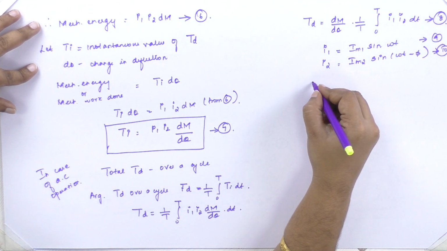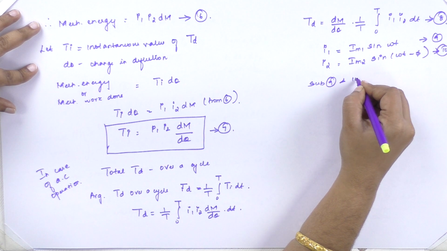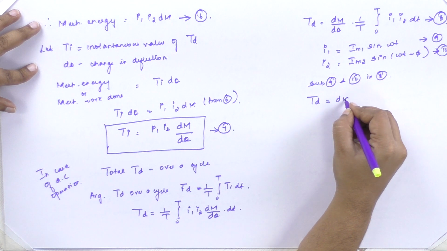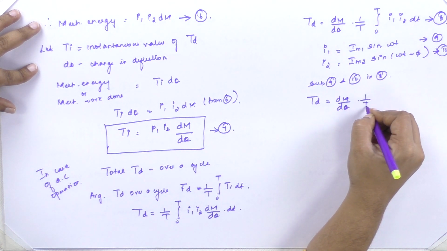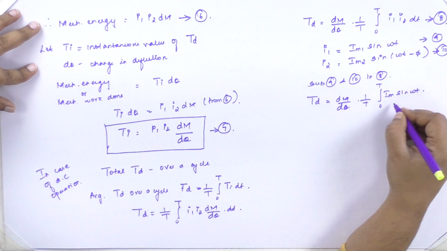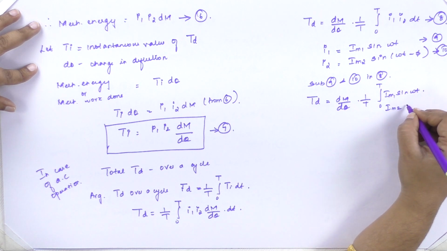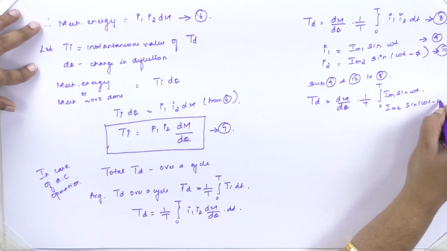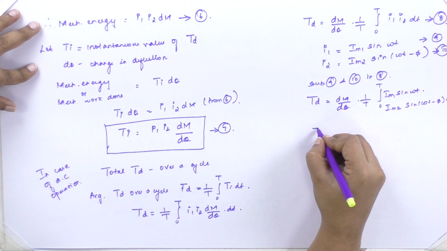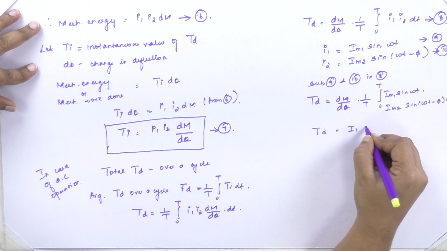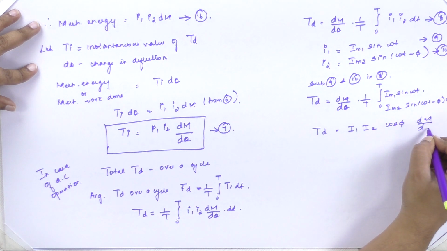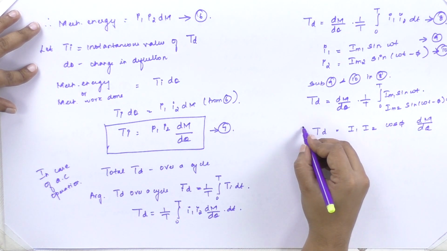So substituting 9 and 10 in 8, we get Td equal to dM by d theta times 1 by T integral 0 to T Im1 sin omega t into Im2 sin of omega t minus phi into dt. By integrating this equation, we will get the deflecting torque Td as I1 I2 cos phi into dM by d theta.